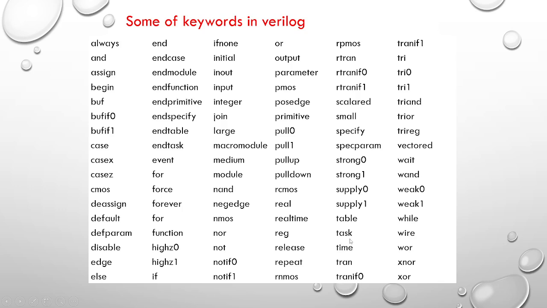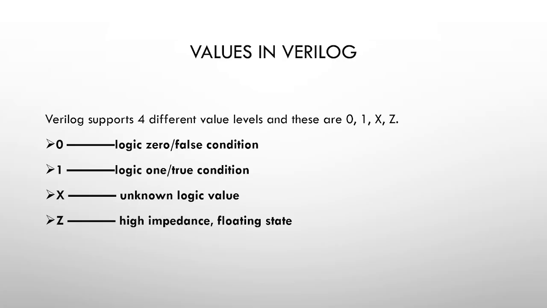Default is also a keyword, and case, buffer, begin, assign, initial. Output is also a keyword, as well as input. So mostly all of these are keywords. Keywords are already built into Verilog, and you can directly use them here.